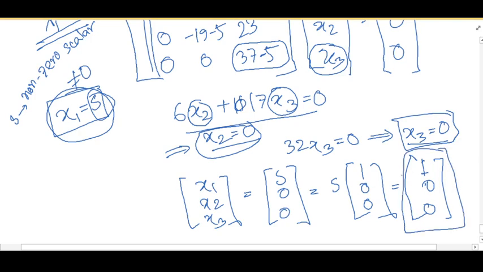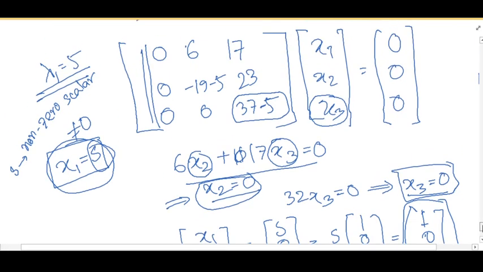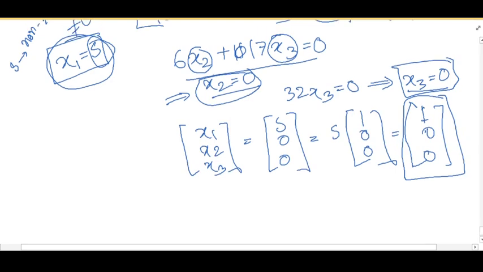The ratio of the vector's values is bounded within this vector. This is the corresponding vector for lambda 1 equals 5. There is no other solution possible for this one. And as I said earlier, at least one value, if it is non-zero, is enough for a non-trivial solution.